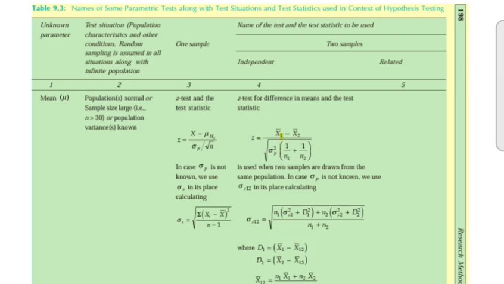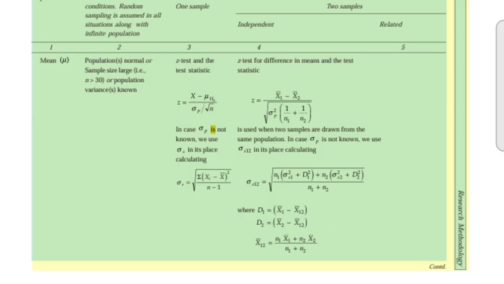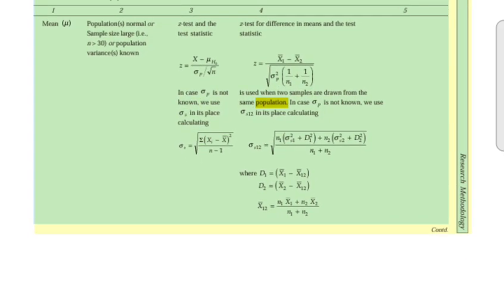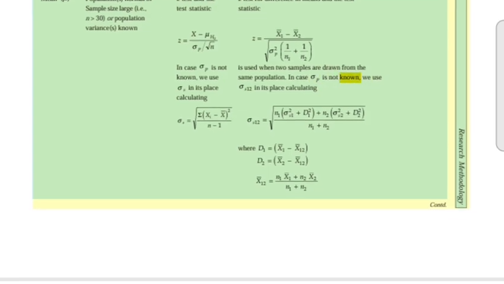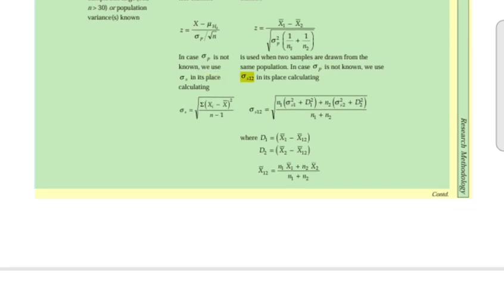The z-test for difference in means is used when two samples are drawn from the same population. In case σp is not known, we use σs in its place.